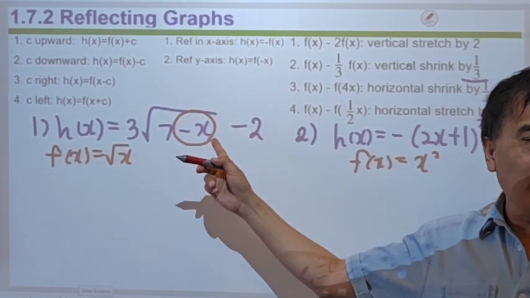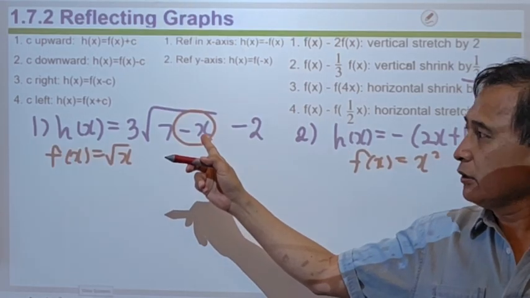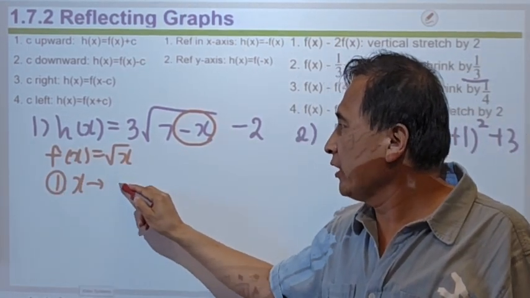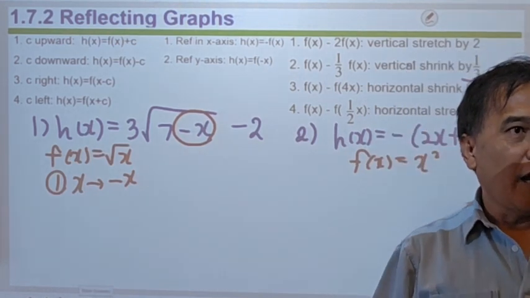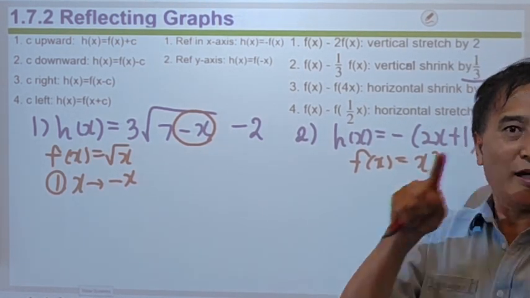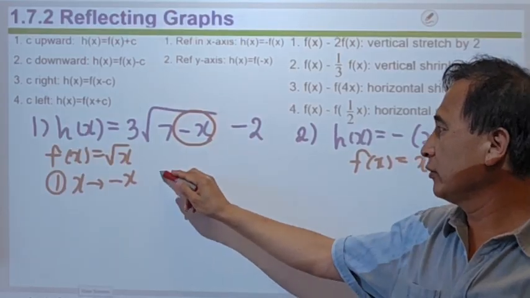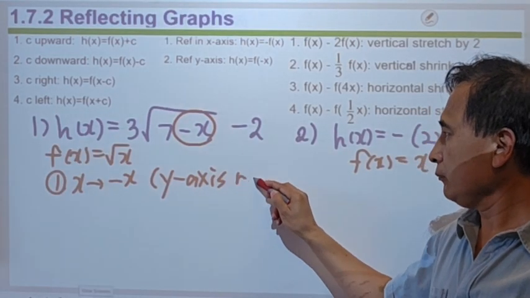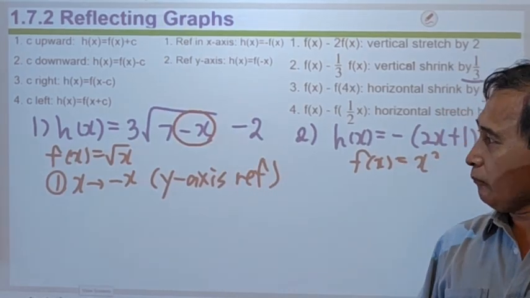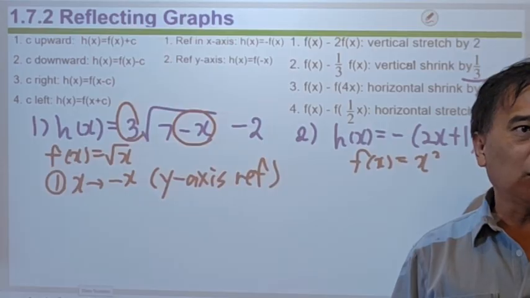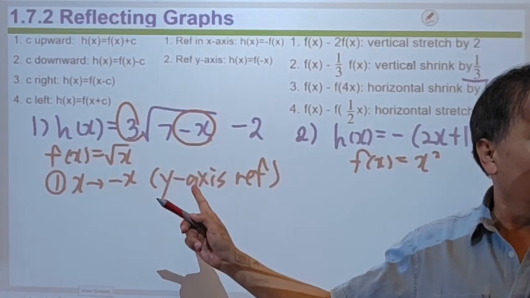So first, inside, I see instead of x, I see negative x, right? So, number 1, x becomes negative x, right? X becomes negative x means what? Right? Like that. So, y-axis reflection. And now, outside, right? 3 is the outside of the square root, right?